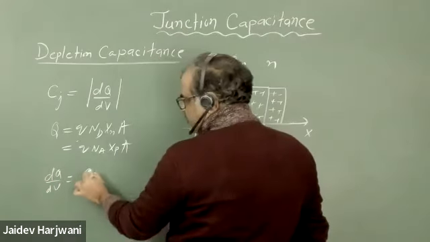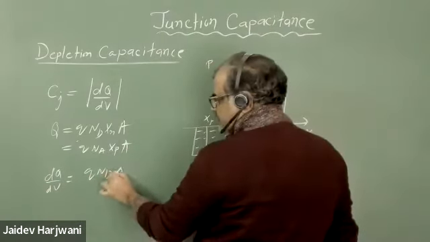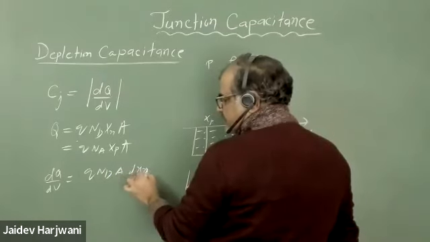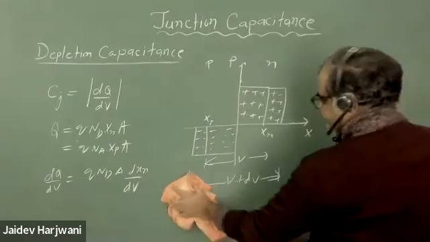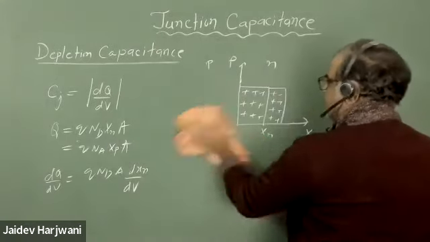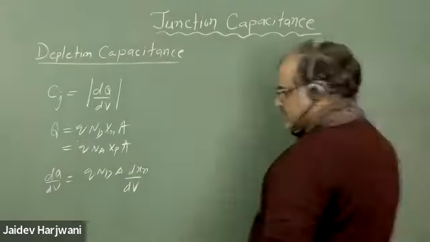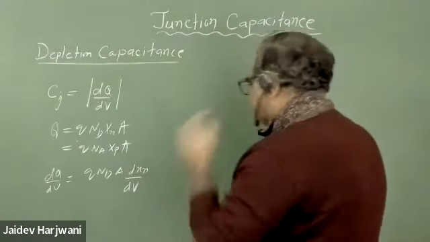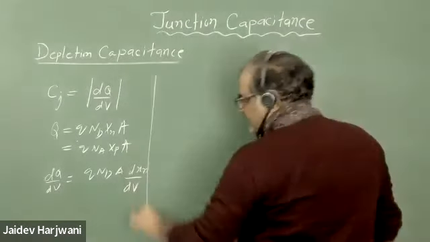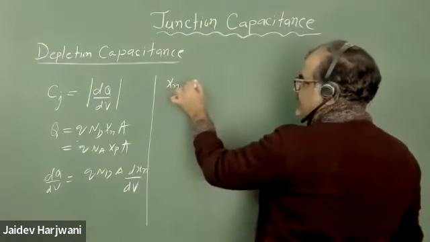So dq by dv: q is constant, Nd is constant, A is constant, so this will give me dxn upon dv. My aim is to calculate this dxn by dv, so that will give me my capacitance. Now I know what my xn is.